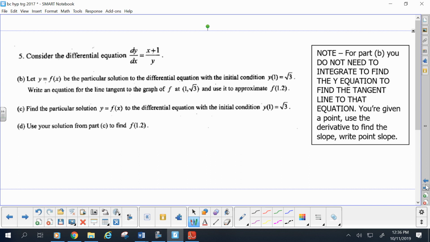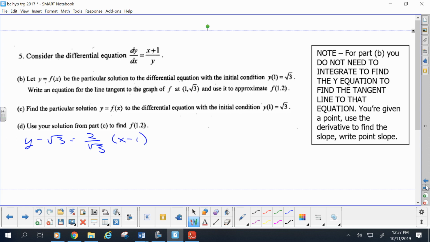Let's go to the back side. So A, did you get something like a tangent line of y minus root 3 equals 2 over root 3 times x minus 1?